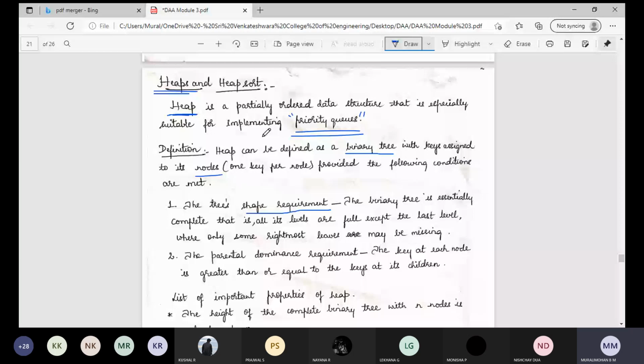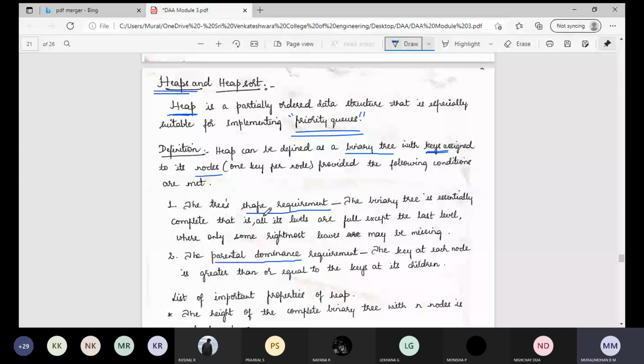Next condition, the parental dominance. The keys are assigned to its nodes, so when a node is created in a binary tree, the key at each node should be greater than or equal to the keys at its children.